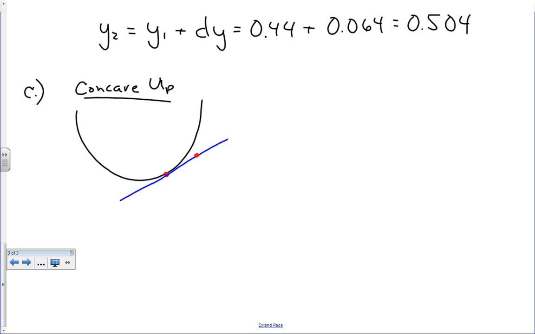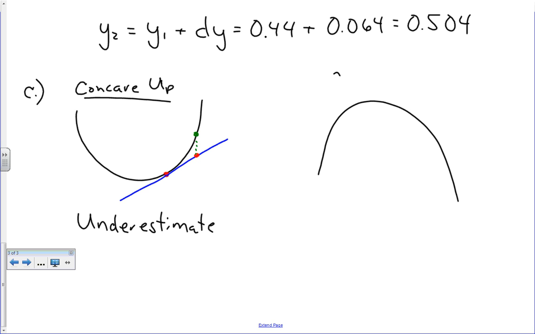I'm using my tangent line at this first point to figure out what's happening later on at this other point. And you can see that I'm off a little bit. The actual solution, let me do this in green, is up here. So you can see that in this case, because we are concave up, this is an underestimate. It underestimates it.